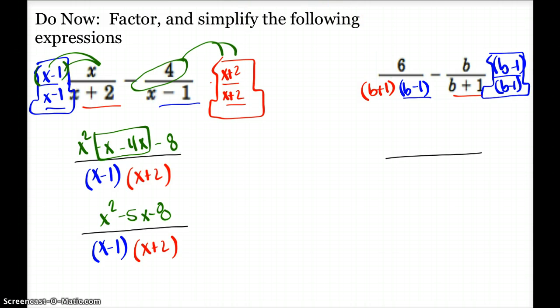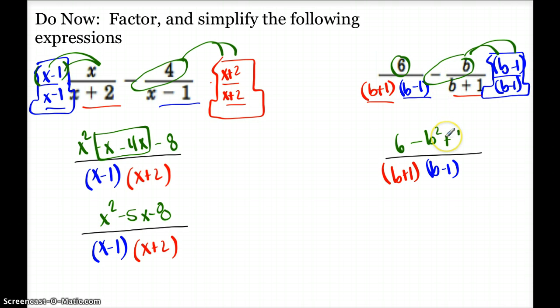Our denominators are the red and the blue, b plus 1 and b minus 1. Our numerators across the top, all I have here on the left is just that 6. And then on the right, I have this negative b. Again, I'm going to distribute negative b squared, a negative and a negative make a positive, 1b.